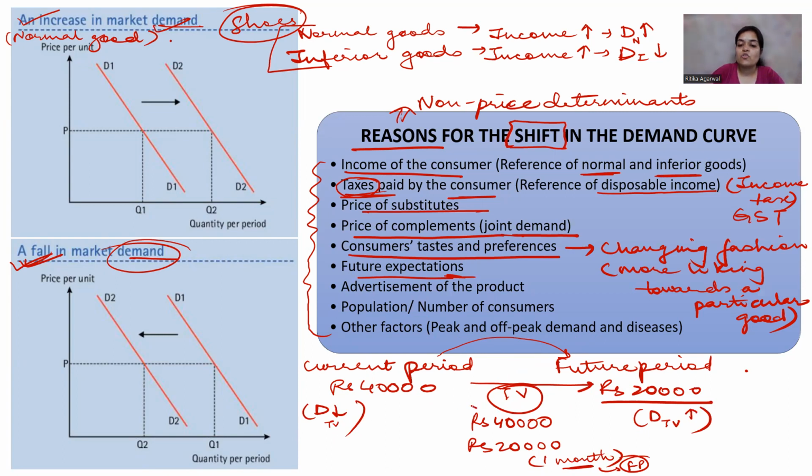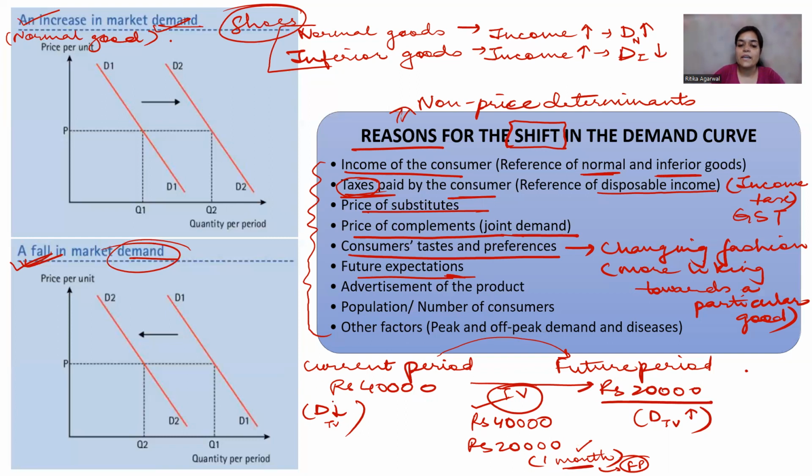Might be a case that some people look for TV when their existing TV is quite old. So there might be other factors affecting this. But if there is so much decline in the prices in the future period, any rational human being will wait for a month, and then purchase the TV properly. So these are called future expectations.